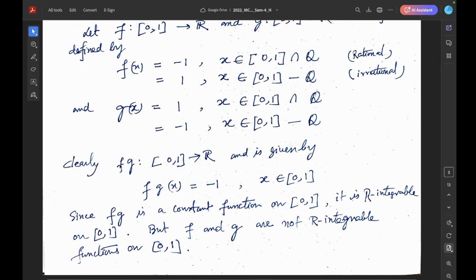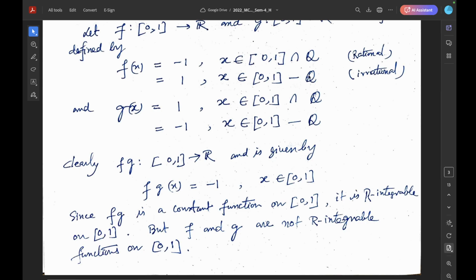Clearly, the product fg is a mapping from [0,1] to R and is given by (fg)(x) equal to -1, either for rational or irrational x. When x is rational, f(x) equal to -1 and g(x) equal to 1, so the product -1 times 1 is -1.